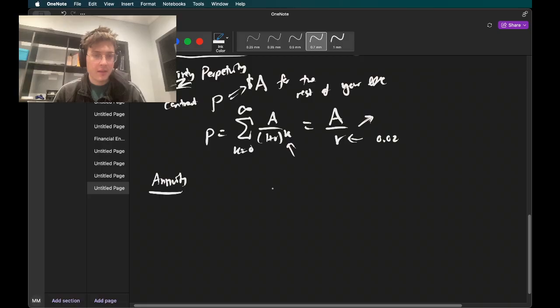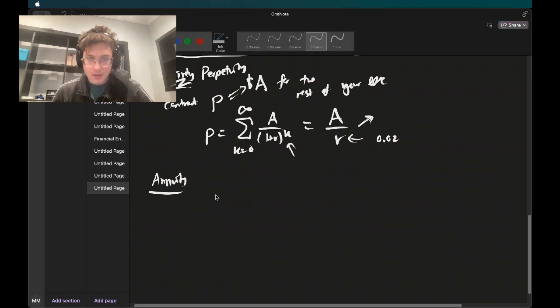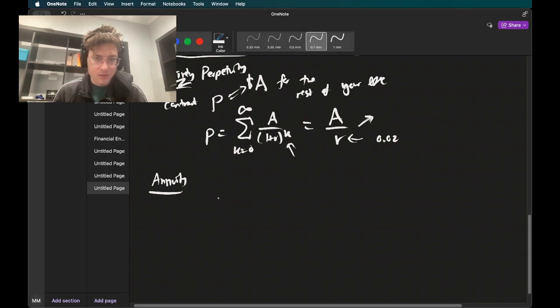One way of understanding this portfolio is that you buy a perpetuity at time equals 0, and then after 10 years you sell a perpetuity, and they cancel each other out for $A. I think it's not too difficult to understand.